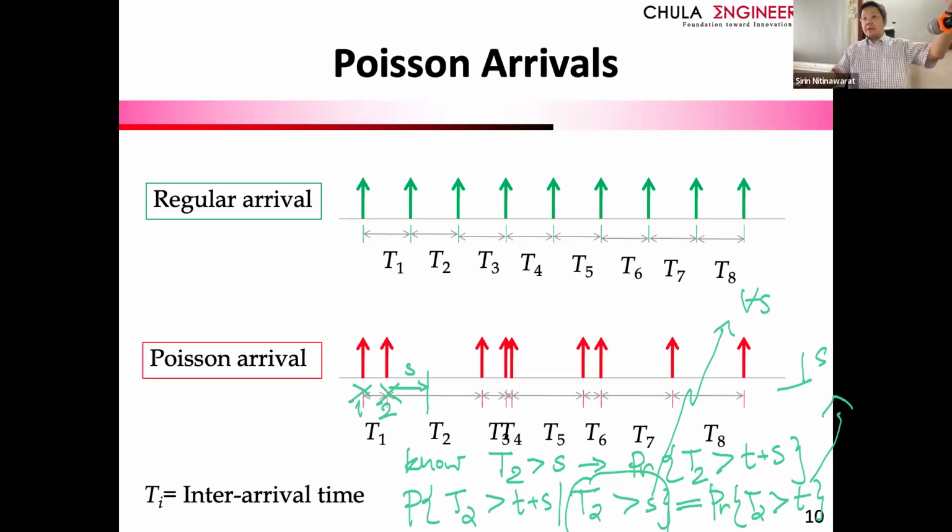My question is, do you recall what type of property this distribution of T2, and hence every T, should exhibit? This independence of little s is called memoryless, right? Have you heard of the memoryless property? Okay.